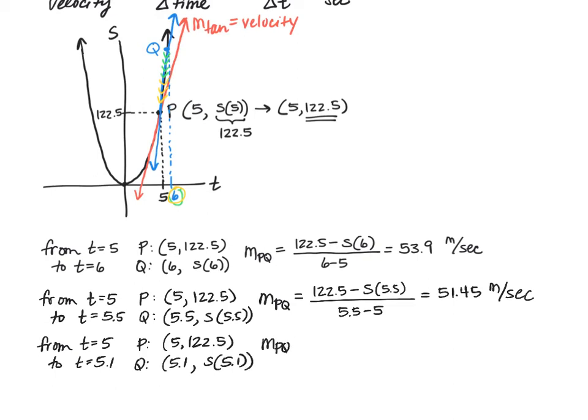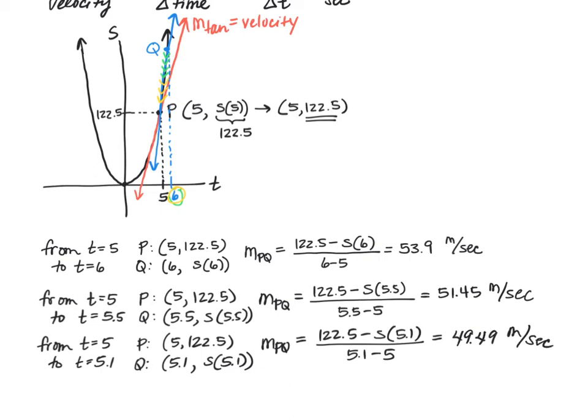And my slope is Y minus Y divided by X minus X. And then we'll go to our calculator once more and calculate this average rate of change. So from T equals 5 to T equals 5.1, we should now have an average velocity of 49.49 meters per second.